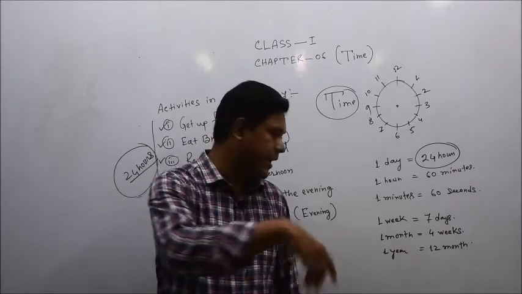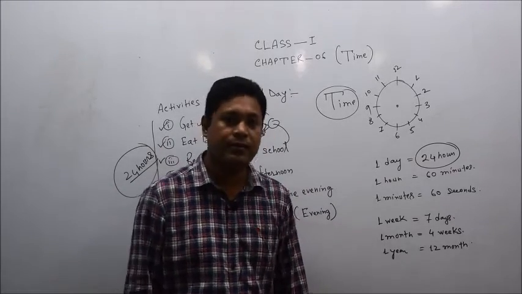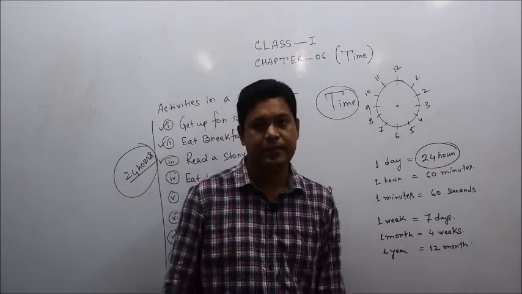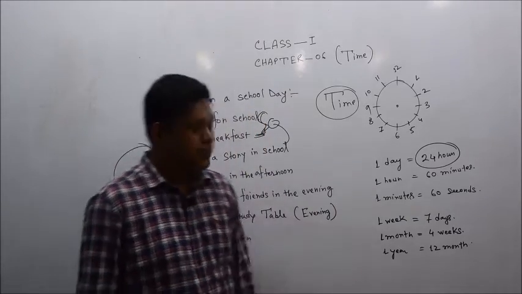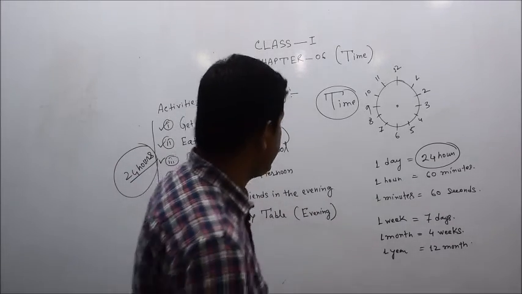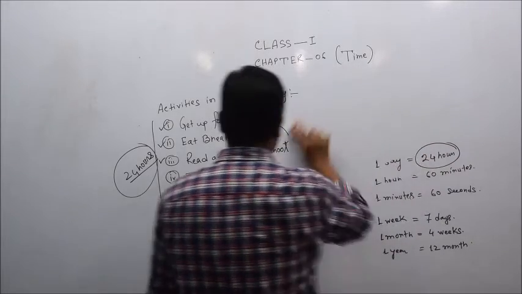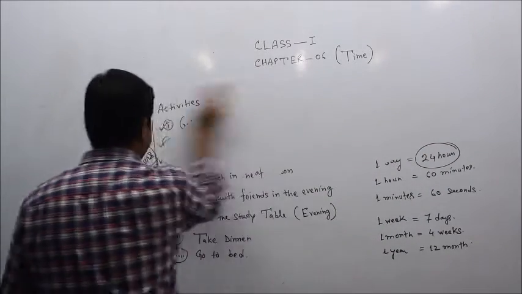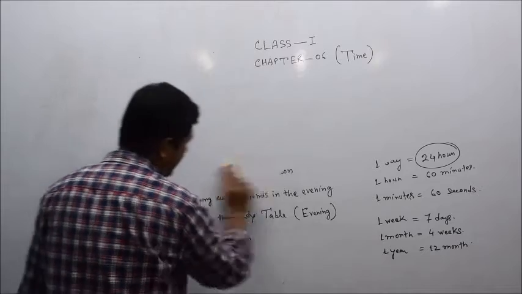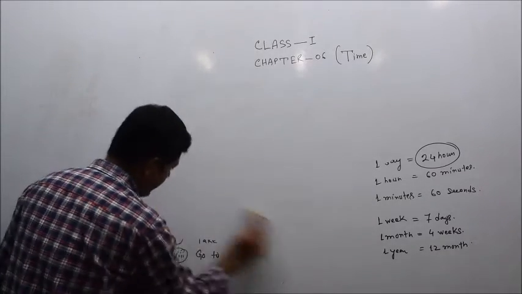Again, from years it goes to decade. So 1 decade is equal to 10 years. So this way, dear students, we need to divide the time in these manners. Okay, let's go to some examples.